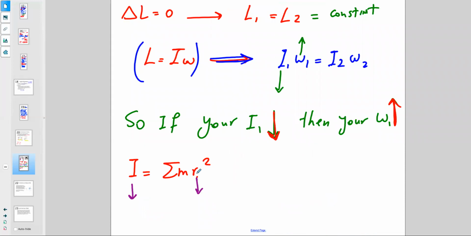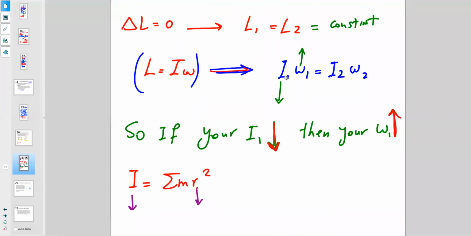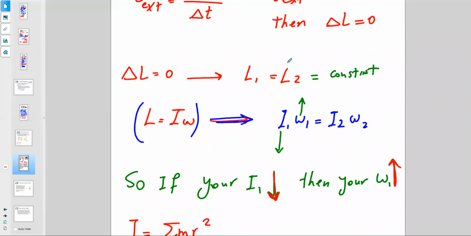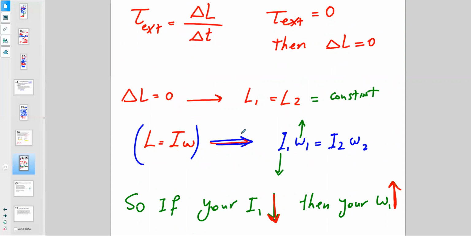So you're reducing R, and thus your moment of inertia should reduce. If your moment of inertia is decreasing, then your omega should increase, because you have to have the same angular momentum, and angular momentum is I omega.